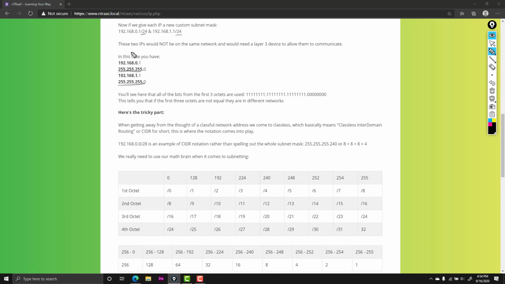This tells us that 192.168.0 is a network and 192.168.1 is a network. So now they're on different networks and they have their own host ID of 1. So for these to be able to communicate, we'll have to have a device in between them. So if we have 192.168.0.1, we will have to have a layer 3 router or switch that has access to each of these networks to allow them to communicate.